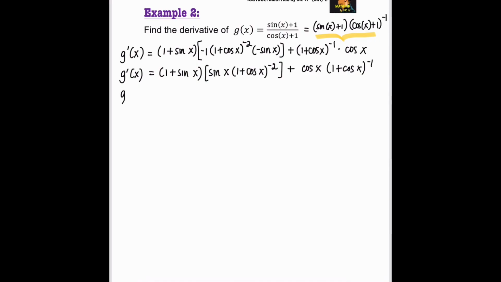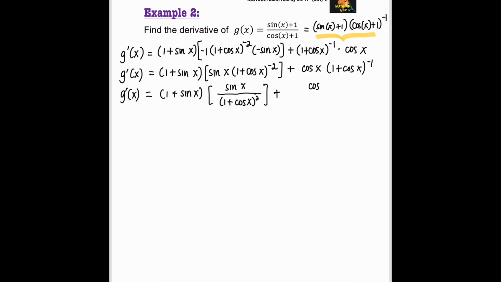All right, so g prime of x, so 1 plus sine x, just simply copy. So for this factor, we can rewrite it as sine x divided by 1 plus cosine x to the power of 2. And then we apply the same process here for the second term.